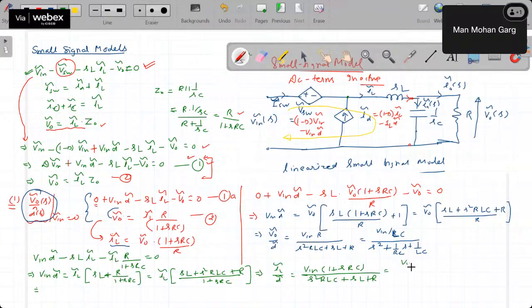So this is V in upon RLC, 1 plus SRC, divided by S square plus 1 upon RC into S plus 1 upon LC. So this is IL upon D.